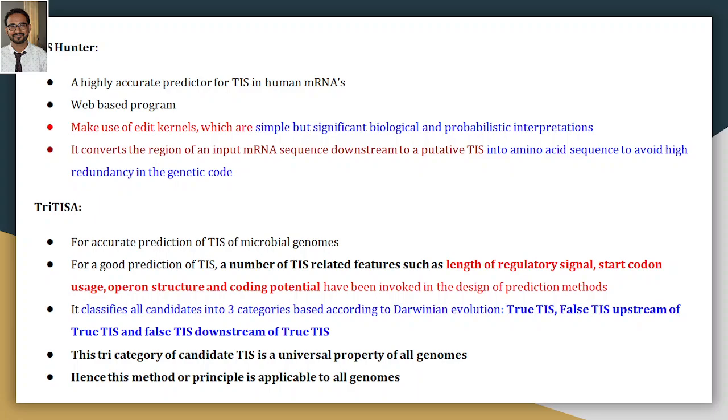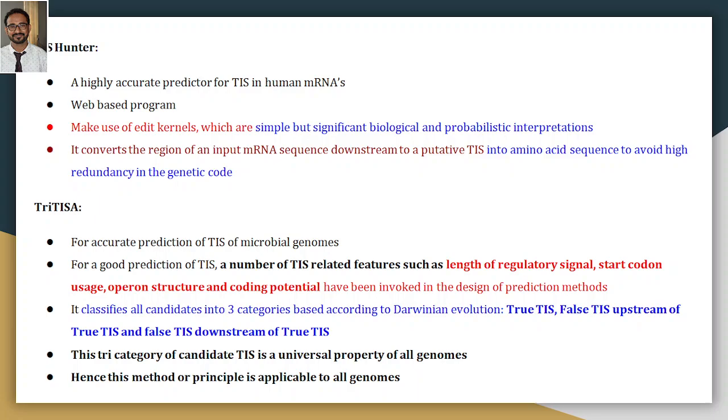Now TriTISA. TriTISA goes for accurate prediction of the TIS of microbial genomes, specifically microbial genomes. For good predictions of a TIS, the features it has to relate to are the length of the regulatory signal, start codon usage, operon structure, and coding potential.